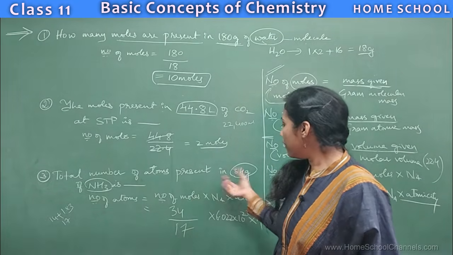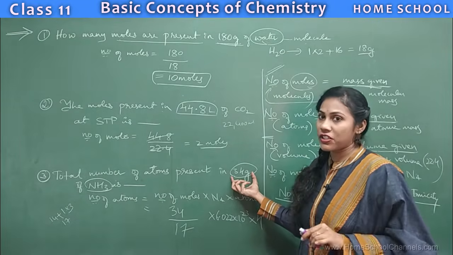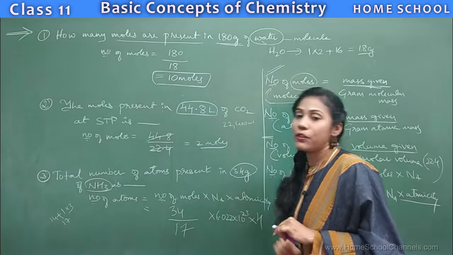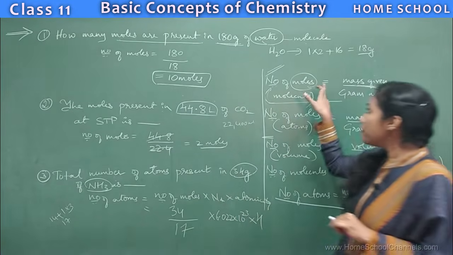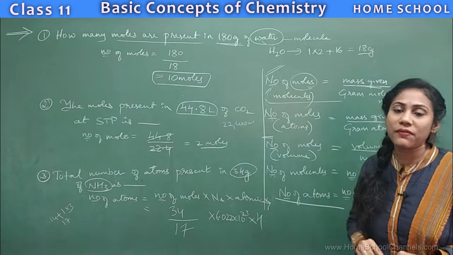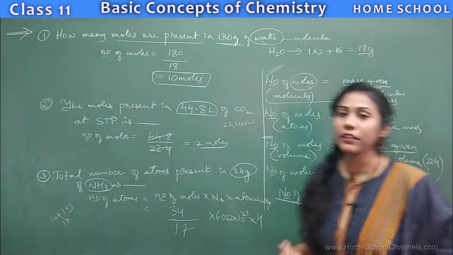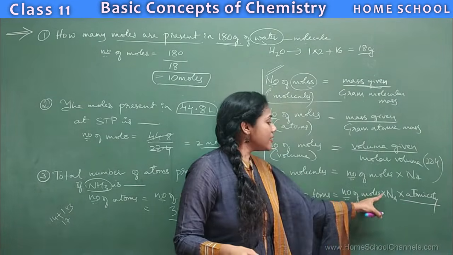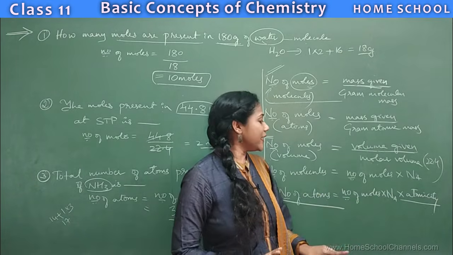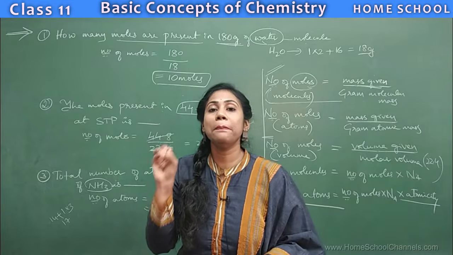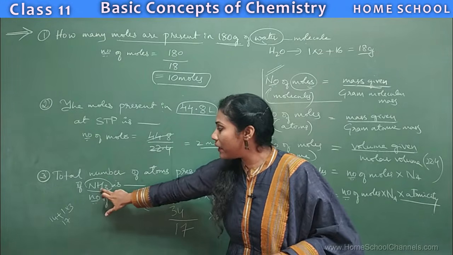Okay, see, number of moles directly not given in the question. Mass is given. So we are converting the mass into moles first. So it is with the first formula. So here 2 formulas we have used. One is the last formula, number of atoms is equal to number of moles into Avogadro number into atomicity. Avogadro number we know, atomicity means number of atoms present in a molecule.